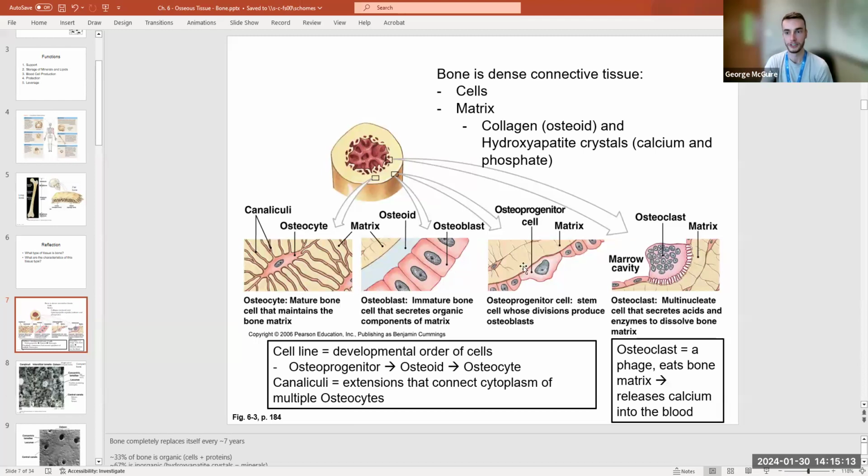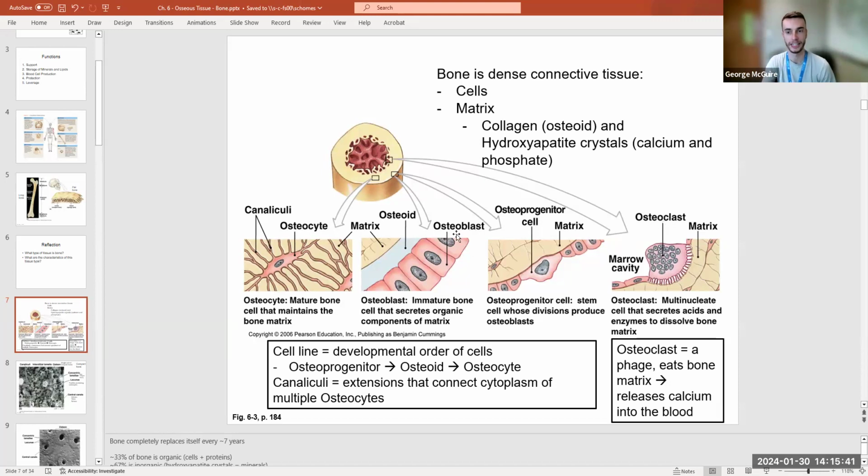And we introduced earlier on in the class this root blast versus this root clast and what they mean. So a blast, any kind of cell type with the term blast in it, is going to be a differentiated stem cell. So osteoblasts are there to act as these stem cells to produce our mature bone cells, which are osteocytes.